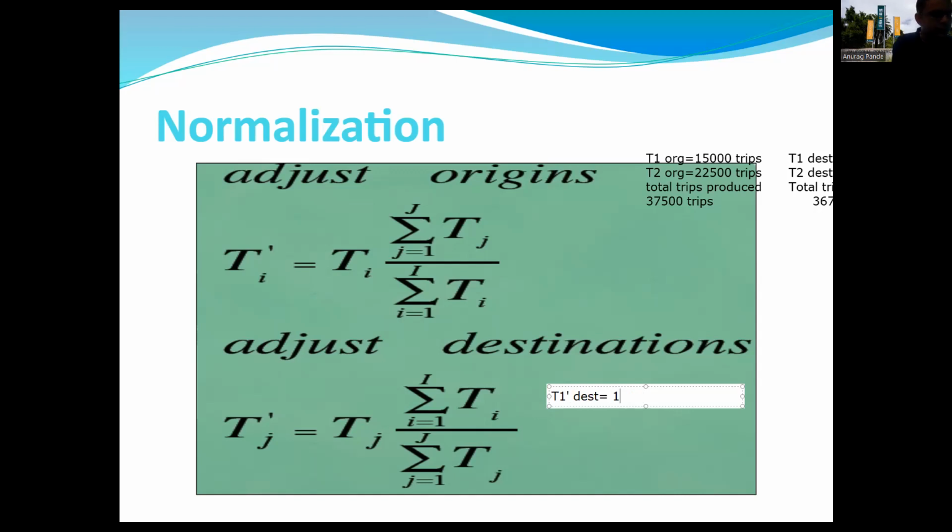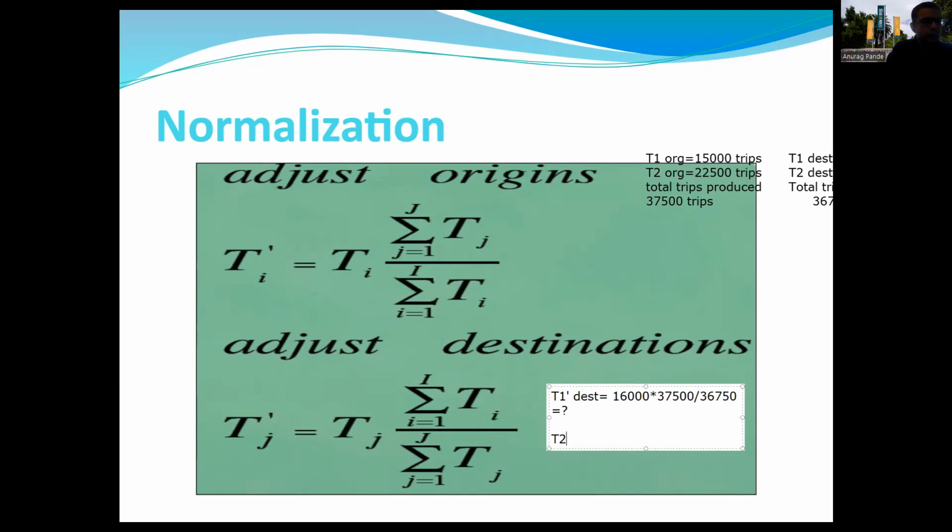For T1, it was 16,000. I'm applying this formula: summation of capital TI based on the origin, that was 37,500, and I divide that number by 36,750, which is summation of all the TJs. I apply this value, and whatever that comes out to be, I'll let you do the arithmetic.